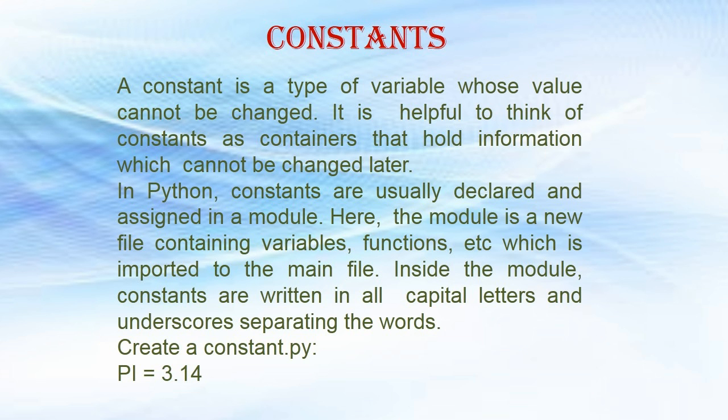For now you can only understand that constants in Python are values which cannot be changed. Like if you want to calculate the area of a circle, which is pi r square, the value of pi is always 3.14. You cannot change the value of pi. So pi is a kind of constant, which means that the value of pi cannot be changed, right?